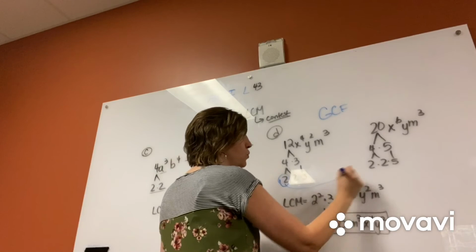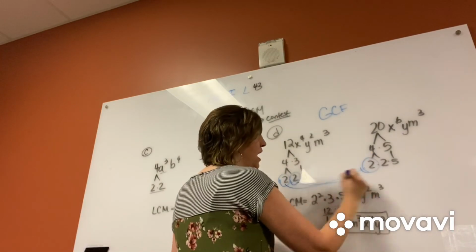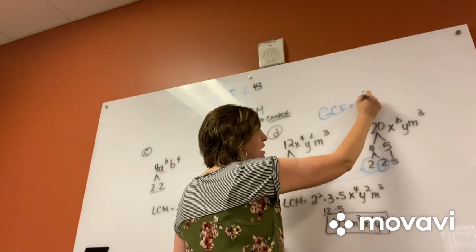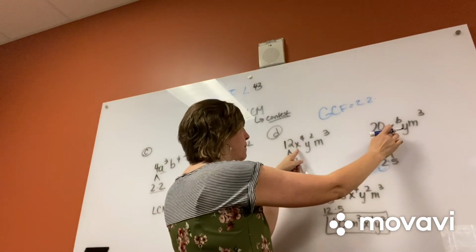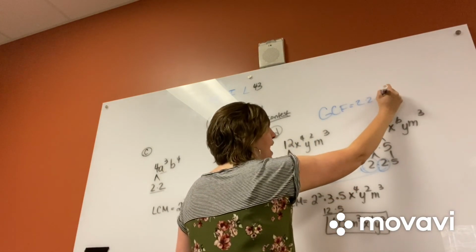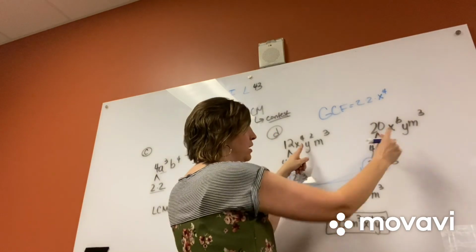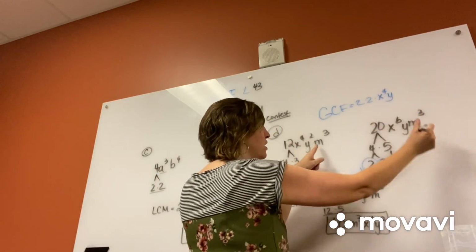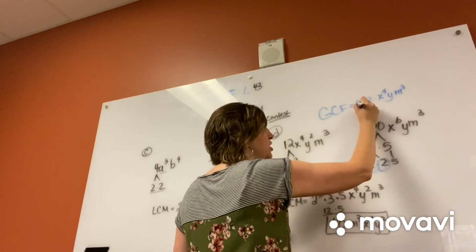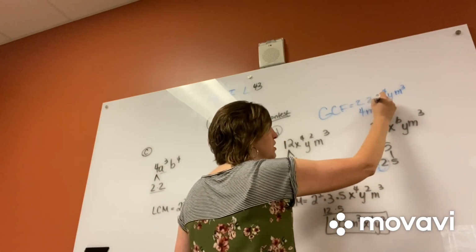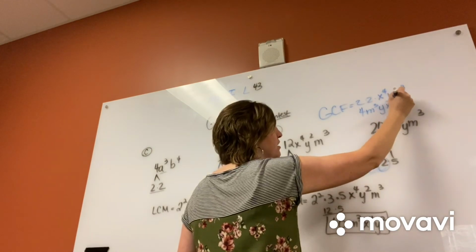So since there's 1 2 in common and another 2 in common, my GCF would be 2 times 2. Now, there would be a max of x to the fourth in common. There's only one y in common, and both of them share m cubed. So my GCF would be 4 m to the third y x to the fourth.